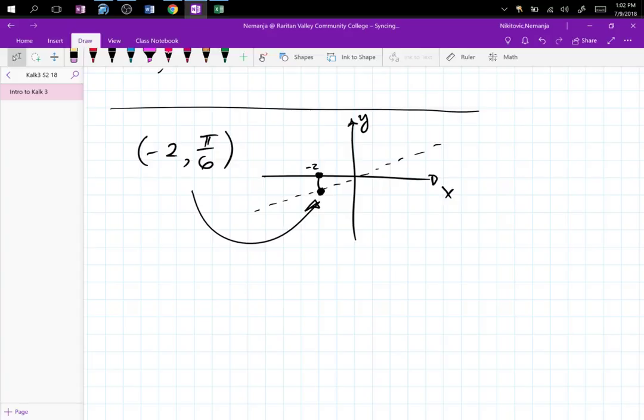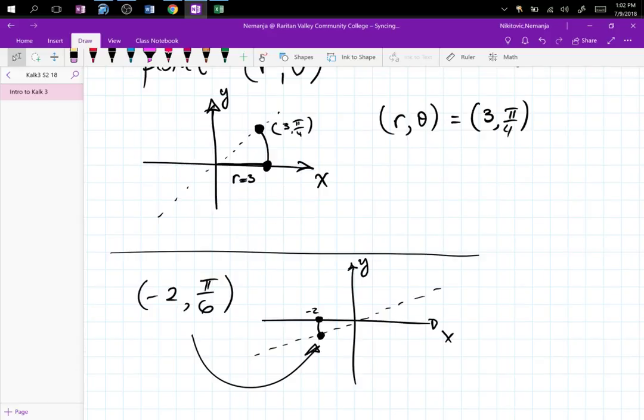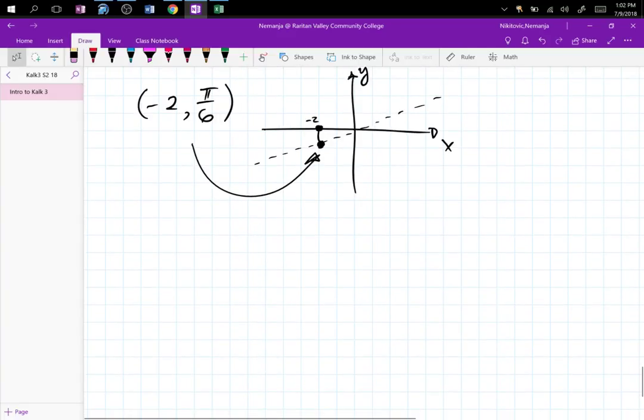So if your point is a positive point, like I had (3, pi over 4), you will start on the positive x-axis with radius 3, and you will swing that positive angle pi over 4. If you have negative radius r, you will go to the negative x-axis, and you will swing positive angle counterclockwise. If you have a negative angle, go negative, clockwise. Let's do one more.